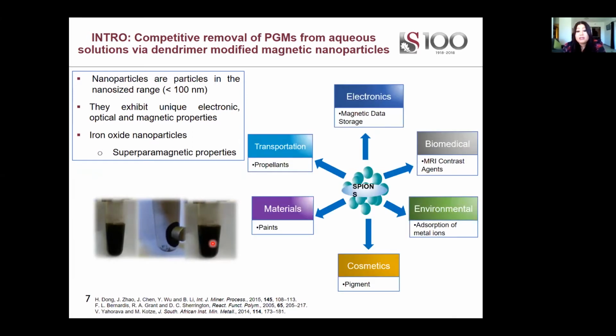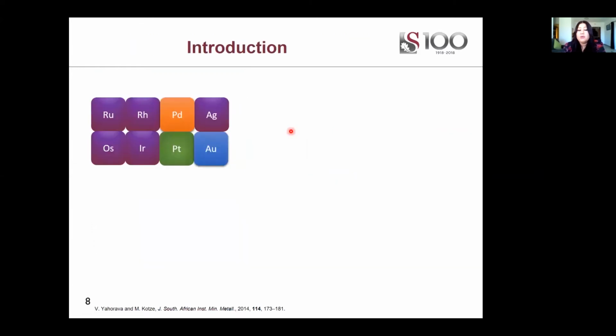And because of this, obviously, these magnetic nanomaterials have been applied in several applications that we show here, amongst others, electronics, environmental, cosmetics, and transportation. So talking about platinum group metals, PGMs, we usually talk about these 6 metals, but some people also add silver and gold in their studies because those are also precious metals.